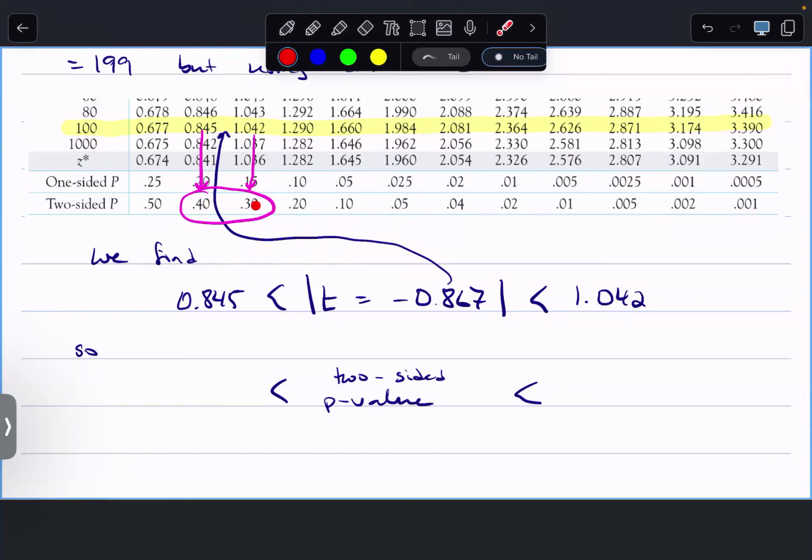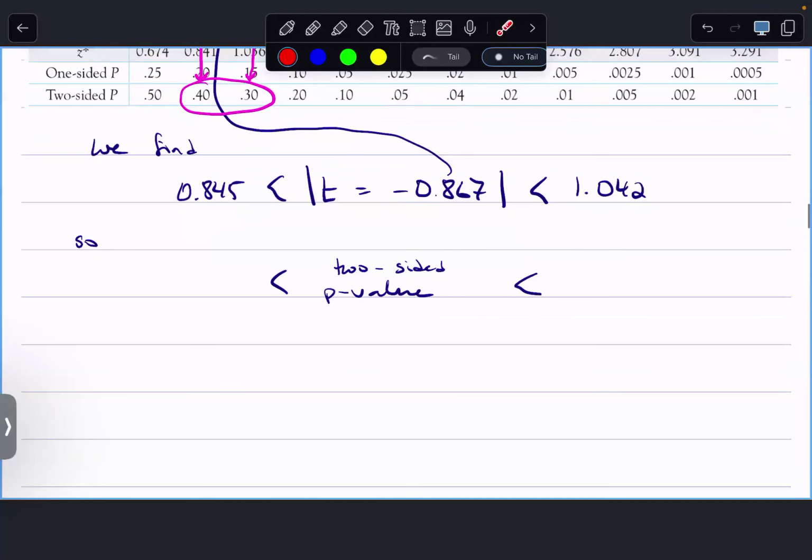You have to read these from right to left if you use your inequalities like I do. And that's just because as you move further out into the tails, then the area in the tail gets smaller and smaller.